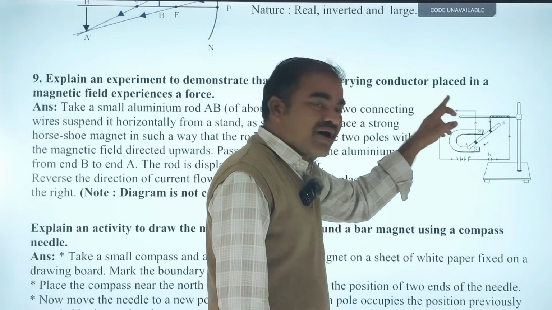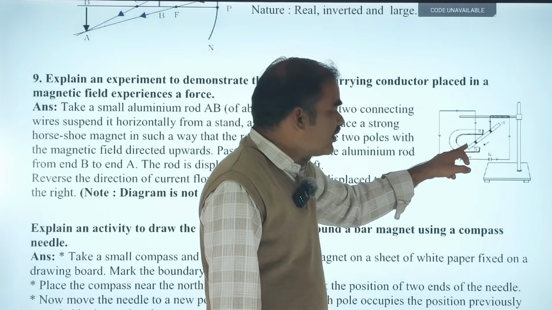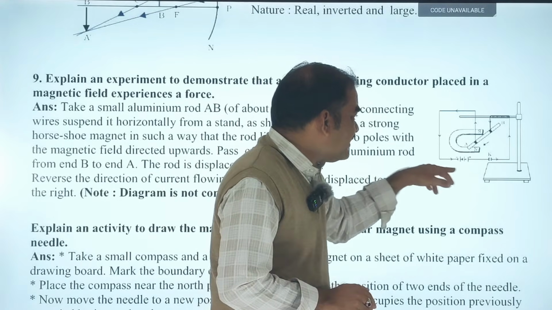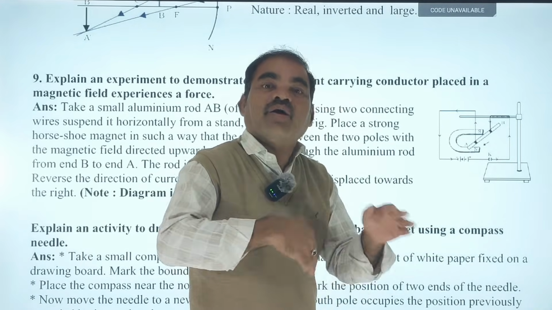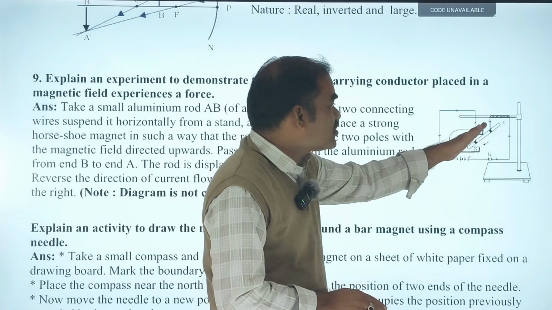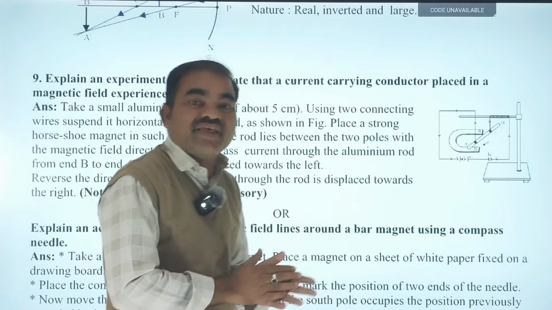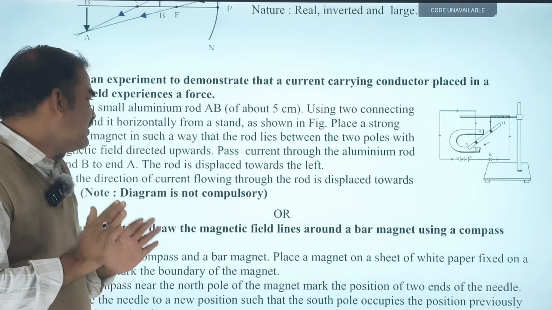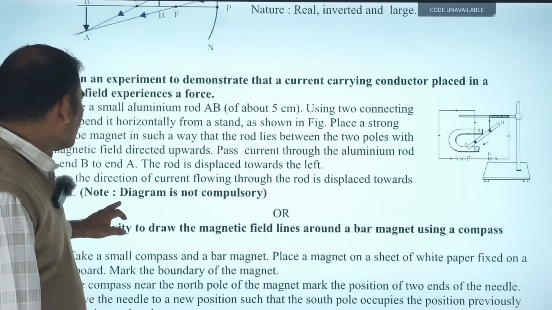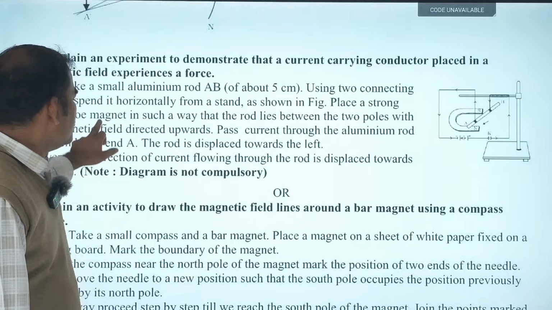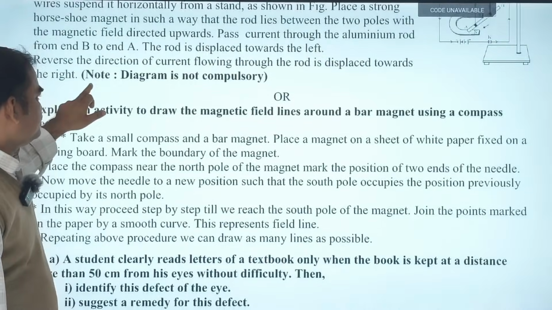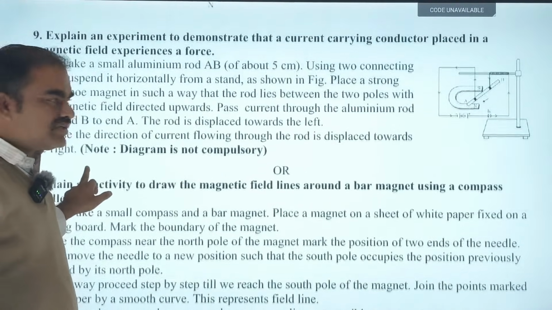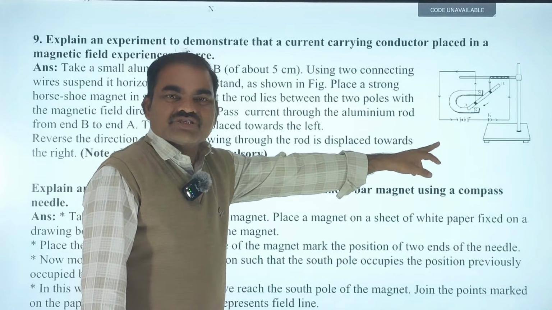So when current is passed in one direction, the rod will move in one direction, and when current is passed in the opposite direction, then also it moves. Deflection will be different depending upon the direction of the current there. And here one thing you have to note is that the diagram must be compulsory.